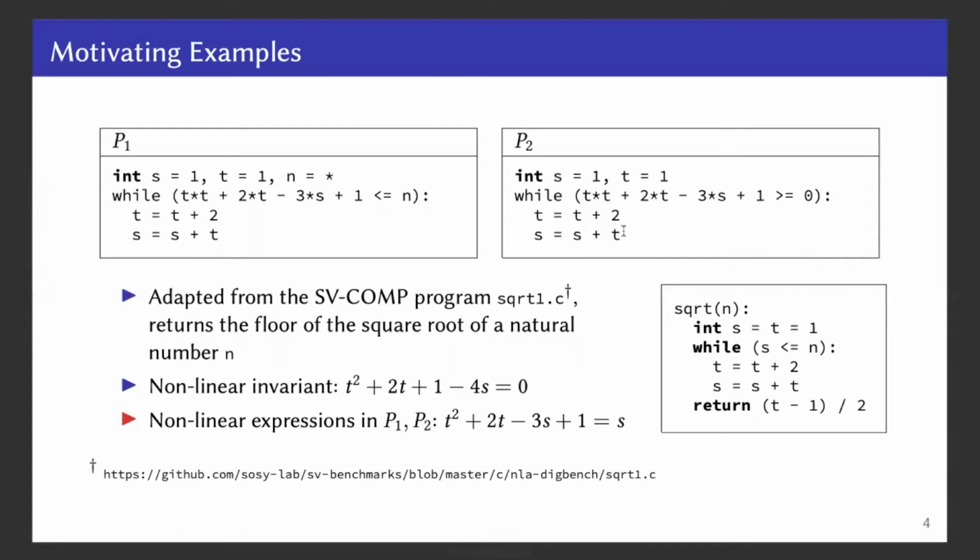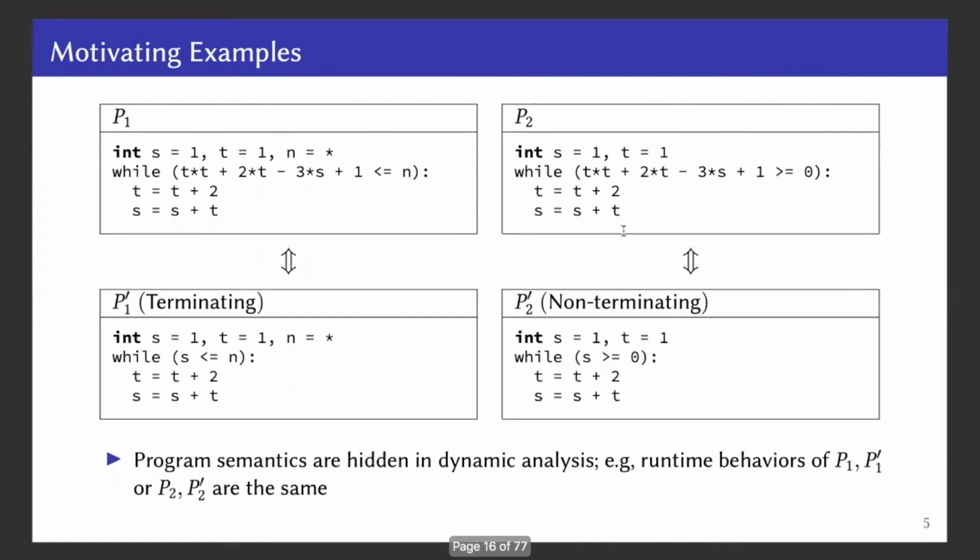Using that invariant, we can rewrite the nonlinear expressions in B1, B2 into s. Therefore, the complicated loop condition in B1 is equivalent to the loop condition s smaller or equal to n in B1 prime. Now it is easier to see that the program terminates since s is always increasing.